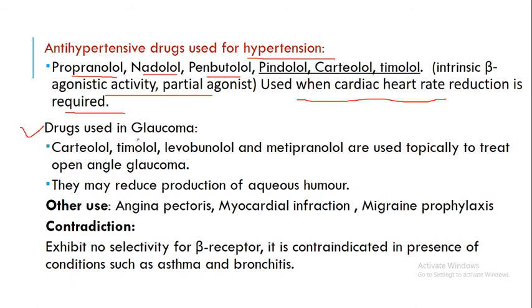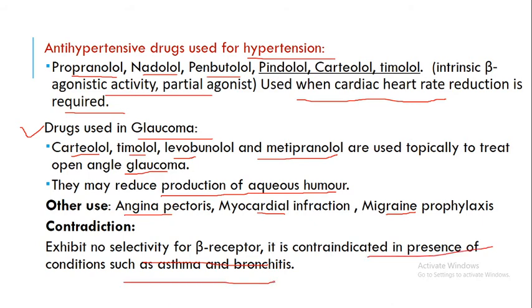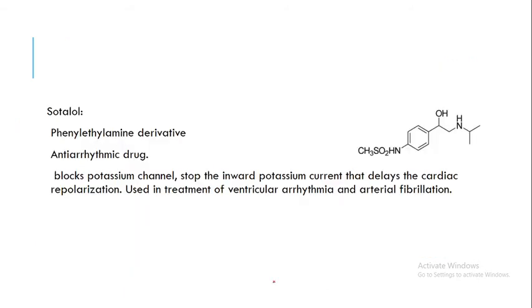Drugs used in glaucoma, beta receptor antagonists, are carteolol, timolol, levobunolol and metipranolol, used to treat open angle glaucoma, and they reduce the production of aqueous humor. Other uses of such drugs are in angina pectoris, myocardial infarction and migraine prophylaxis. They exhibit no selectivity for beta receptors, so they are contraindicated in conditions like asthma as well as bronchitis because they are non-selective beta blockers.